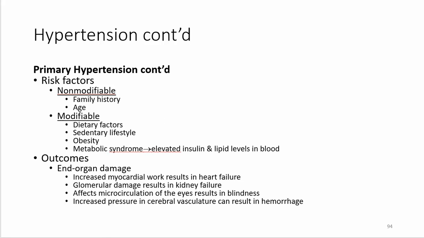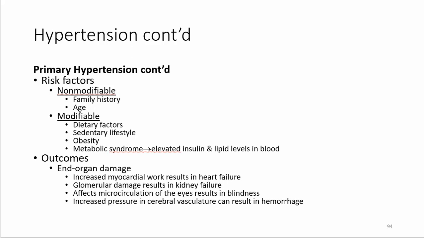So even though it's idiopathic, we have identified risk factors, predisposing factors, as it were. So there's the non-modifiable ones, age and family history, because you can't change that, as much as we'd like to change age. Many of us would like to trade families too, but that's not modifiable. The modifiable ones are the ones that all the medical advice surrounds.